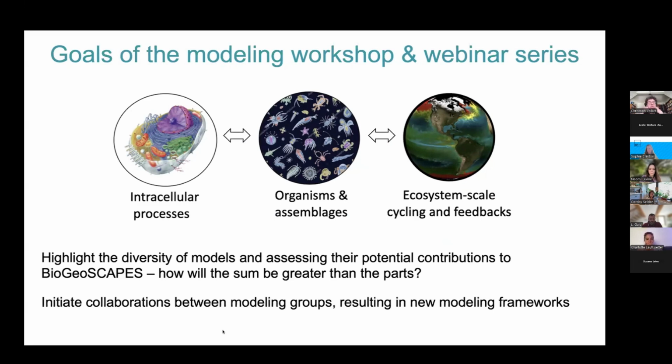So we want to get to the scale of the ecosystem and not just single organisms. And then we also want to get to the large scale picture. How does that affect ecosystem scale cycling, biogeochemical cycles and feedbacks? And to do that, we want to connect the modelers that use very different types of models, on all these scales and different techniques.